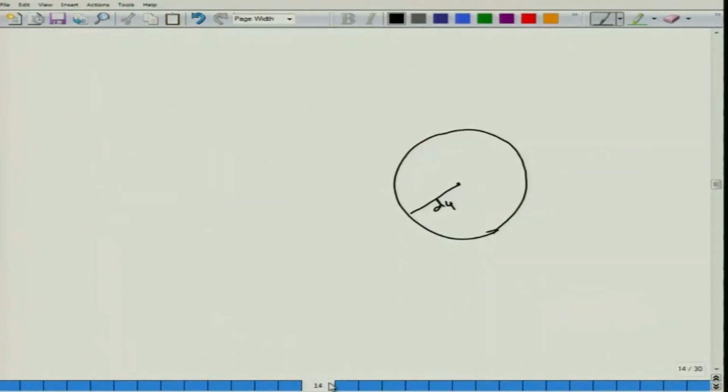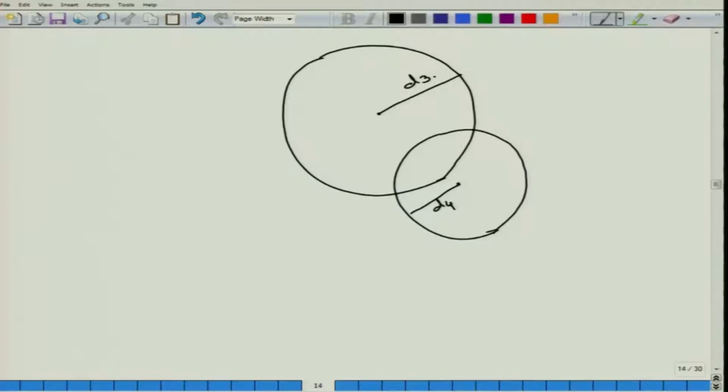Now, taking the measurement from another satellite, we know that it is at a distance of d3. So, our point is at a distance of d4 from satellite 4 and at a distance of d3 from satellite 3. So, our point would lie in this circle that forms out of the intersection of these two spheres.